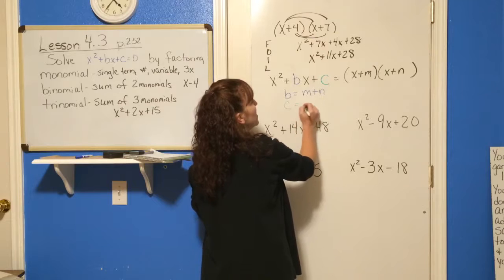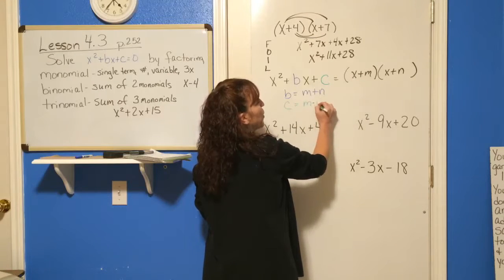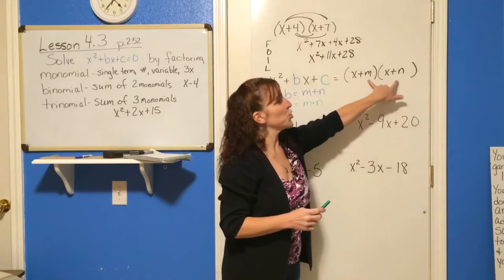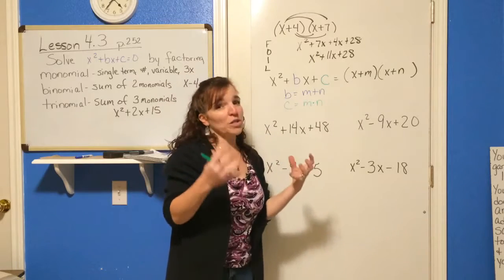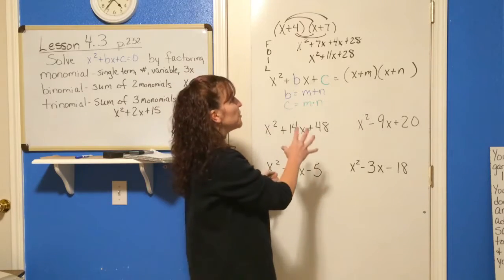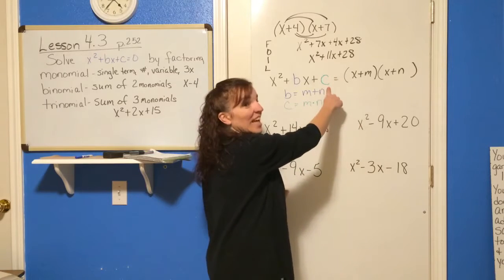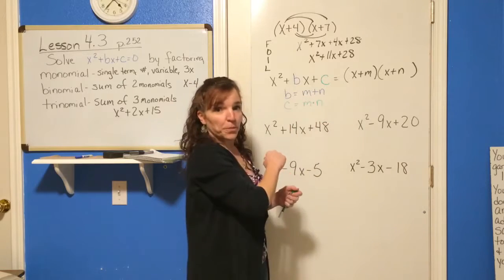So c is going to be the product of the two constants, the second terms in our binomials here. So our trick is going to be to find a set of numbers that multiply together to get our third term, but that add together to get our second term.